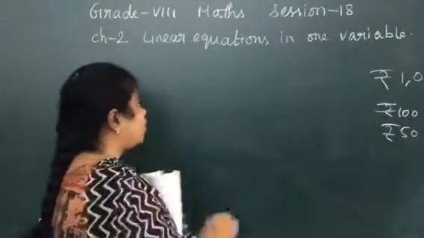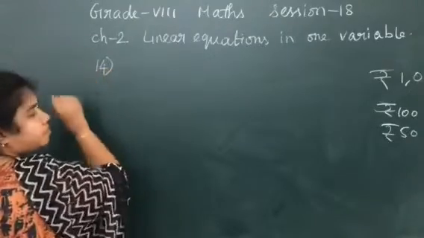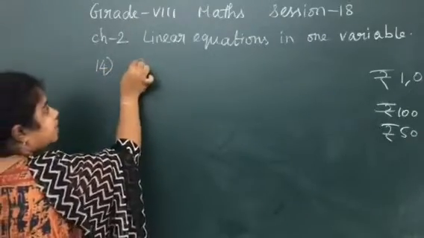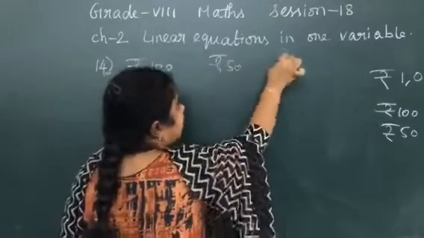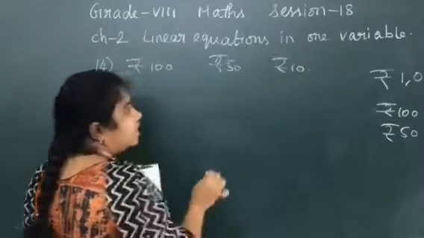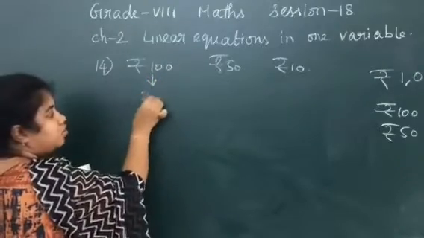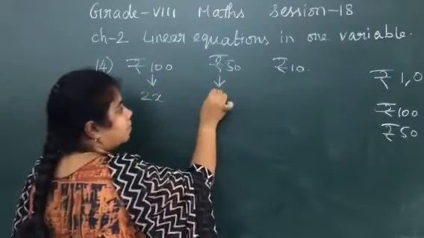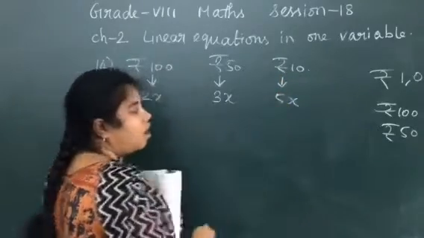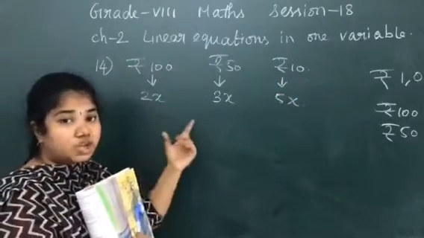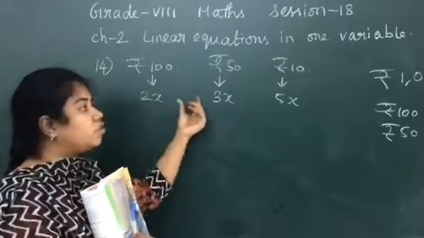In this question, what we are going to do is, we are having the denominations of rupees 100, rupees 50 and rupees 10. And the ratio given for rupees 100 is 2x, for rupees 50 is 3x and for 10 is 5x. Why are you writing x to it? Ratio is given in the question as 2:3:5.